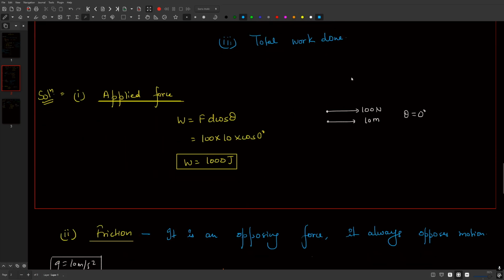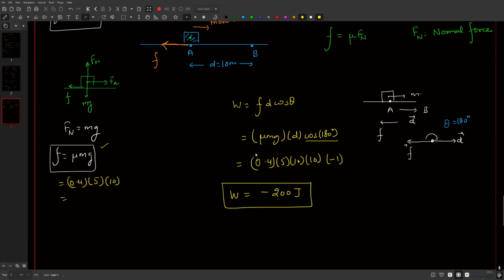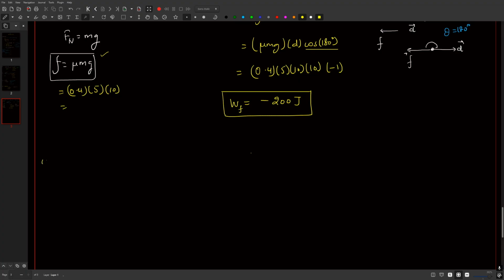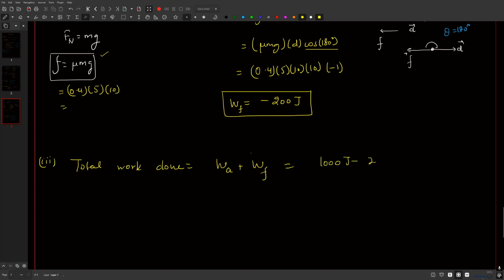So the total work done here is going to be just simply work done by the applied force, which we can write as WA, and then work done by the frictional force, which we can write as WB. So total work done is going to be work done by applied force plus work done by force of friction. This is 1000 joules minus 200 joules, and this is going to be 800 joules. That is your answer.